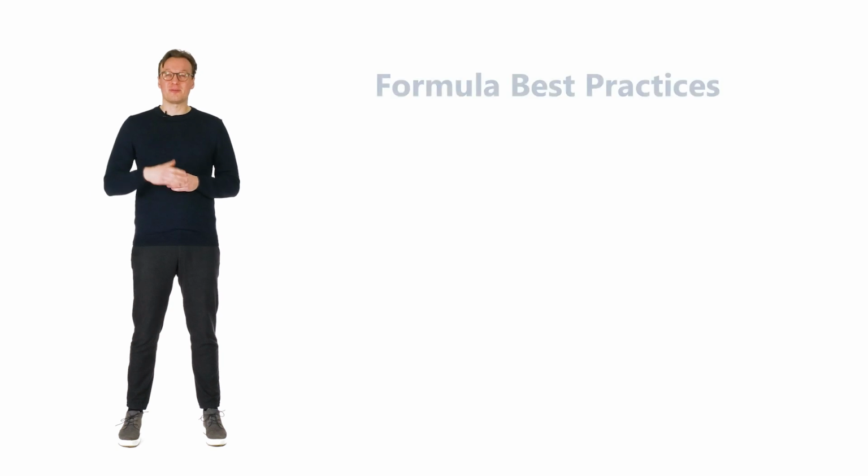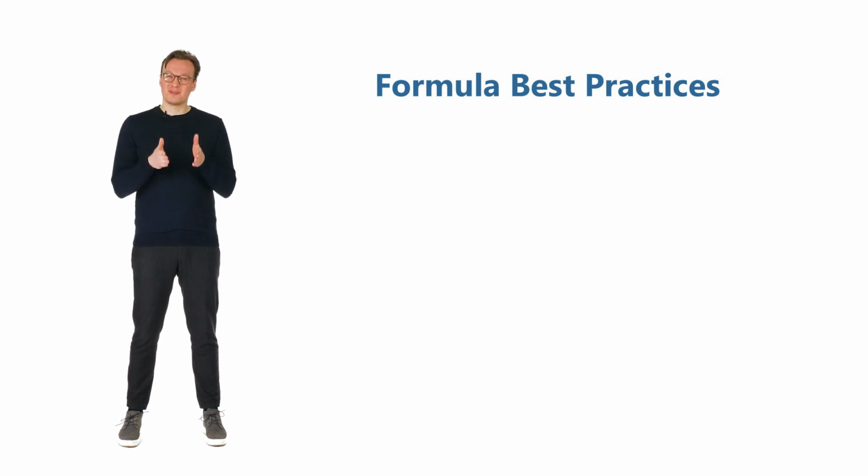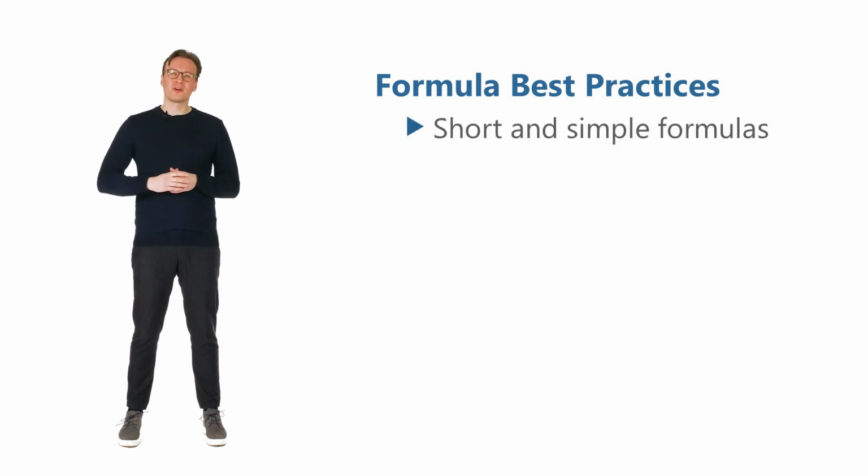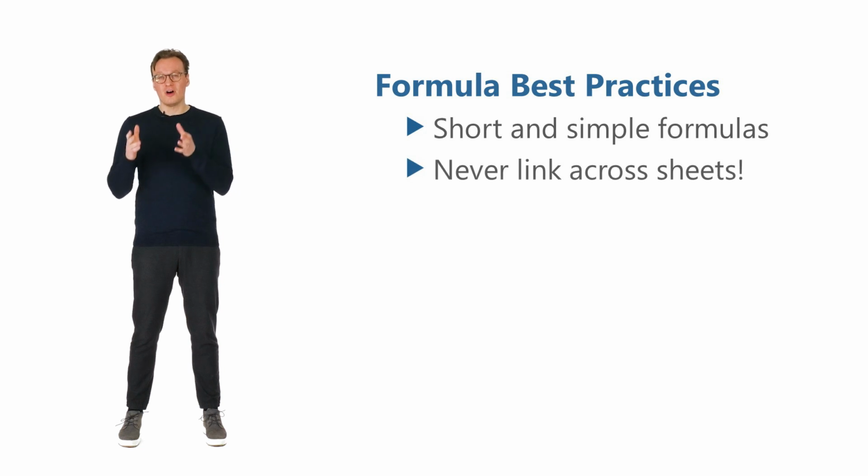Let's summarize these key best practices made apparent by these example formulas. First, keep formulas short and simple. Use multiple rows if necessary. Second, never link formulas across sheets. Copy data from other sheets instead.